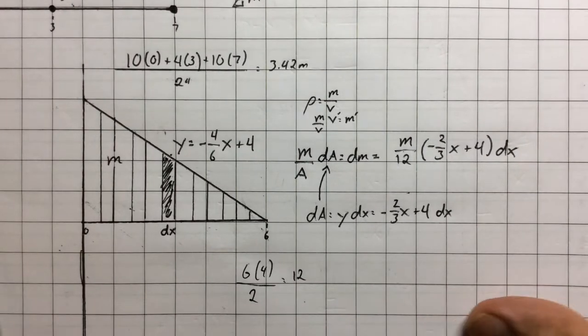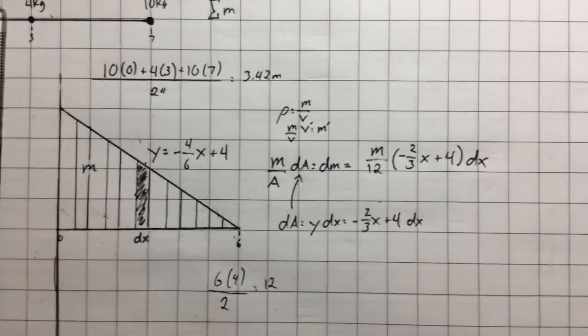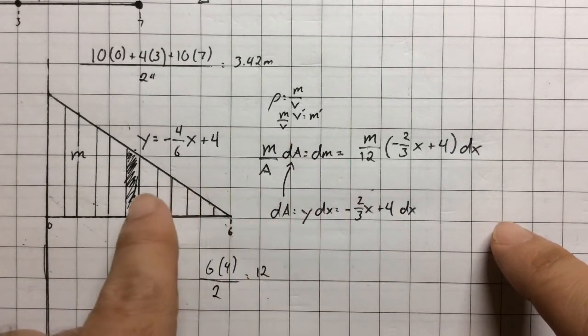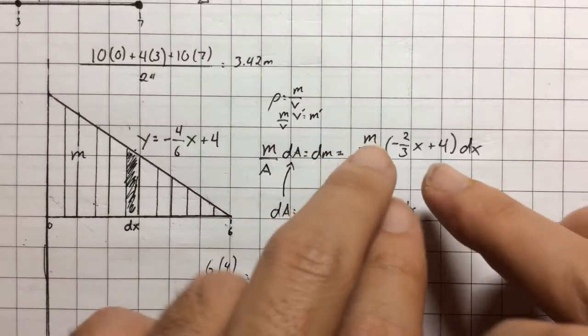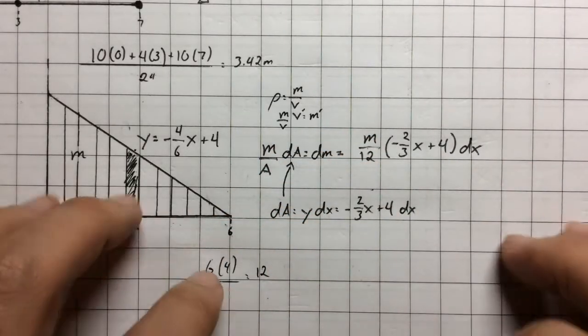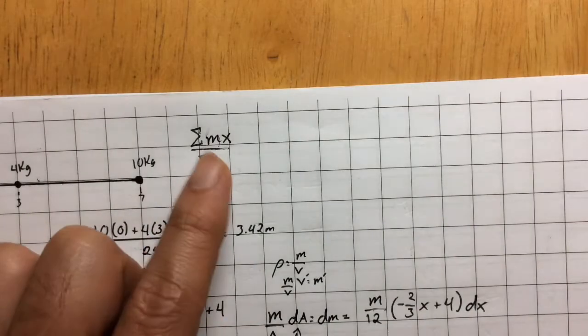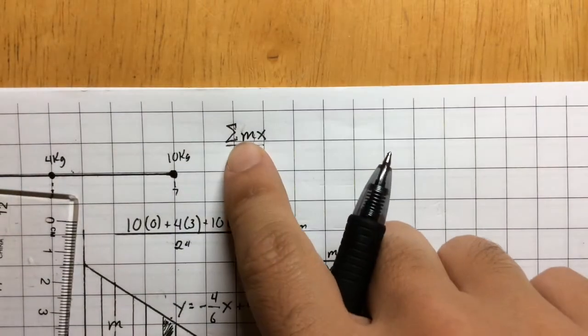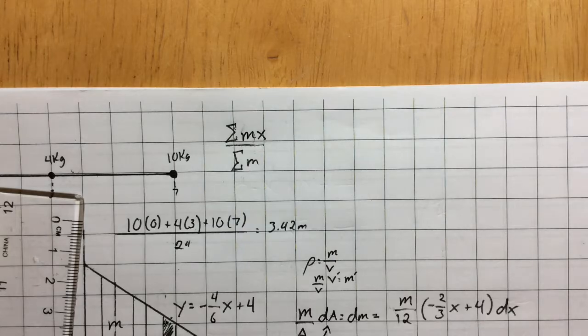So what we have here is now a setup that would give us a small piece of the mass based upon what these shapes are. And we're going to apply that to this formula up here. So in this formula, we're summing up the masses, and the masses are actually small masses.